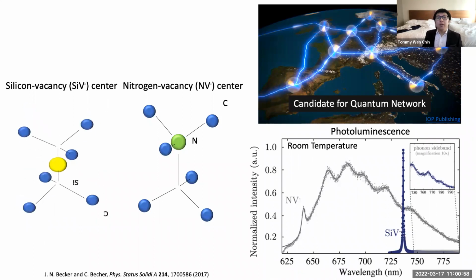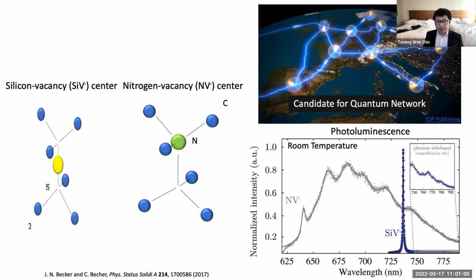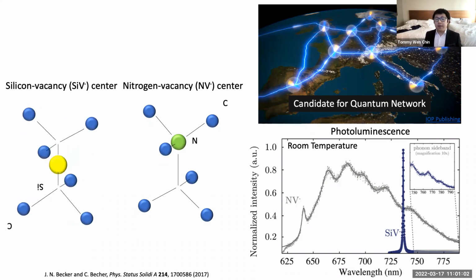For example, due to its inversion symmetry, SiV centers have a really sharp and narrow zero phonon line. However, the spin coherence time of SiV centers is significantly lower than NV centers. Thus, no one system is perfect.